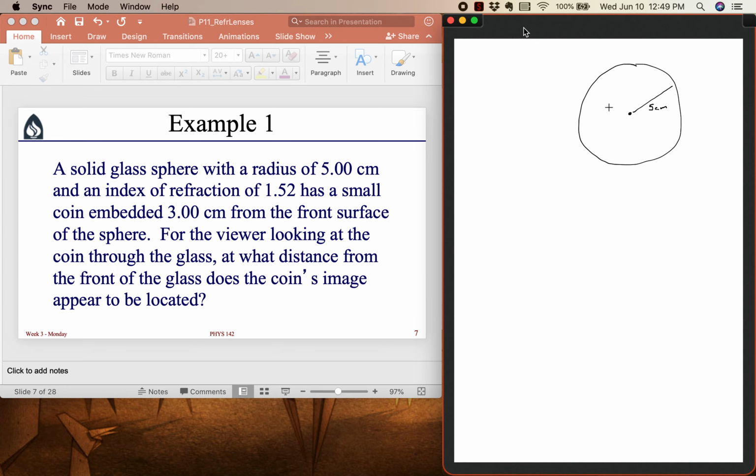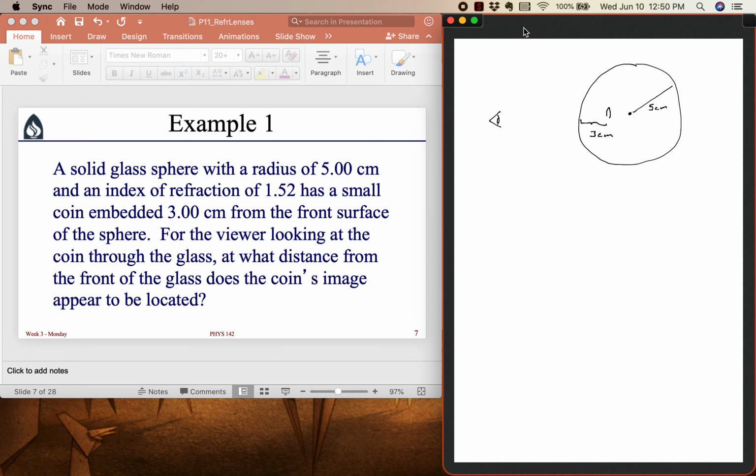So about right here, we have our coin, and it's 3 centimeters from the surface of the sphere. Now we have a person who is looking at the coin in the sphere. So we have our observer over here who is looking at the coin and seeing an image of the coin.